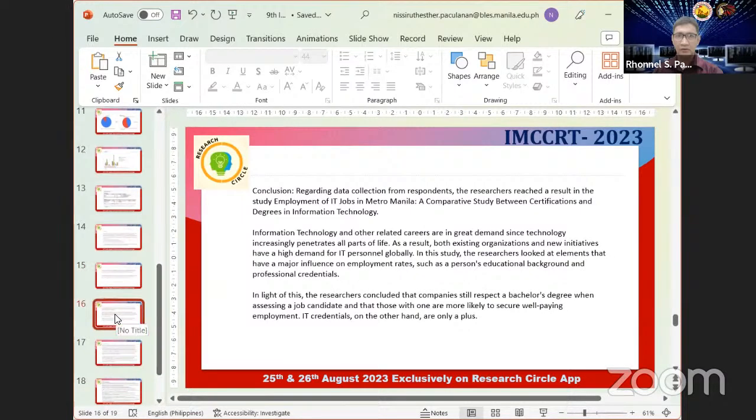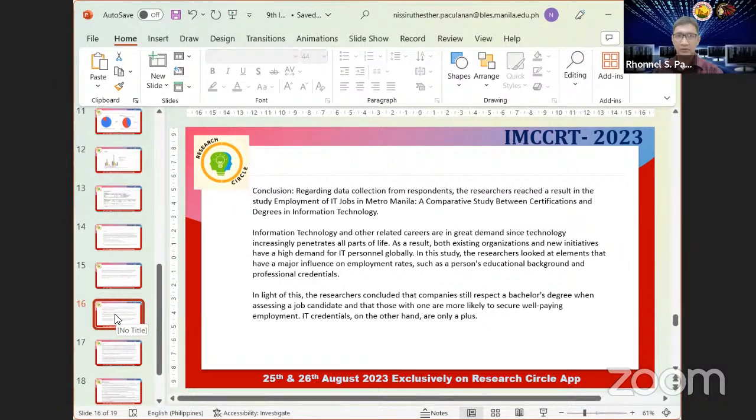As part of the conclusion regarding data collection from the respondents, the researcher reached a result in the study, Employment of IT Jobs in Metro Manila, a comparative study between certification and degree in IT. Information technology and other relevant careers are in great demand since technology increasingly penetrates all parts of life. As a result, both existing organizations and new initiatives have high demands for IT professionals globally.